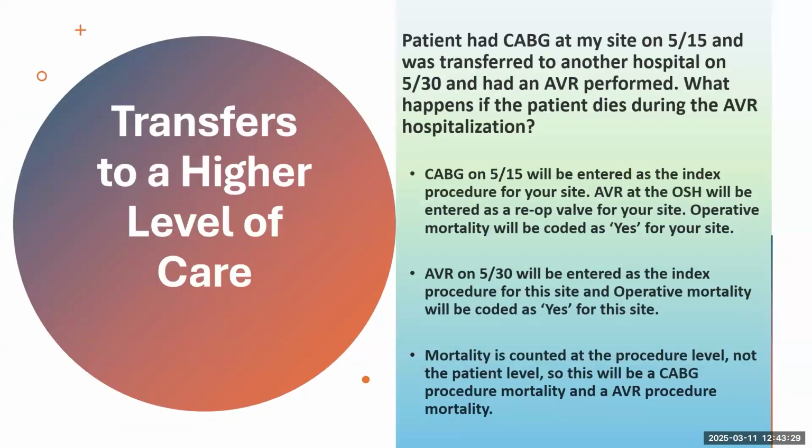In talking about this scenario, because it does happen sometimes, I get questions. So what happens if this patient dies? The CABG was at your site on the 15th of May, and then you transferred him to another hospital on May the 30th, and he had an AVR performed at that other site.